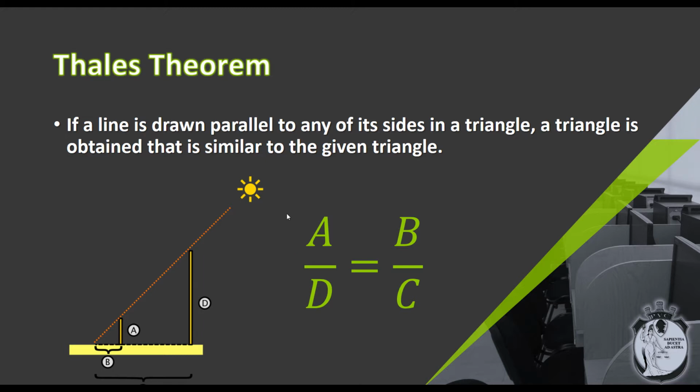The history of that theorem is: Thales was a mathematician who lived in Egypt, maybe 500 years before Christ. Somebody asked Thales if he could measure the height of the pyramid of Egypt, that monument is so big.